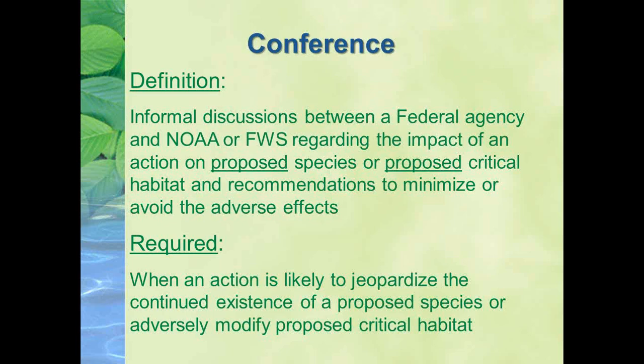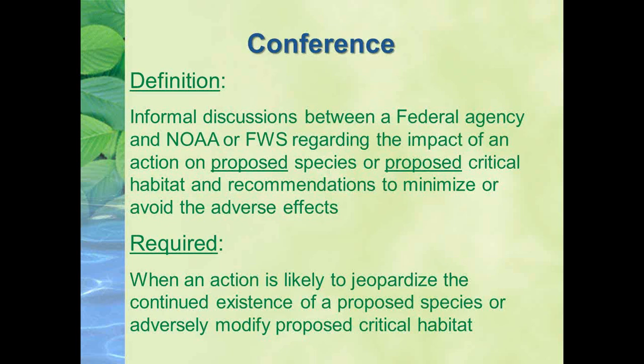The definition in the regulations: a conference is informal discussions between a federal agency and one of the services regarding the impact of an action on species that are proposed for listing. There's been a Federal Register notice published that we are proposing this species to be added as a threatened species, or an endangered.